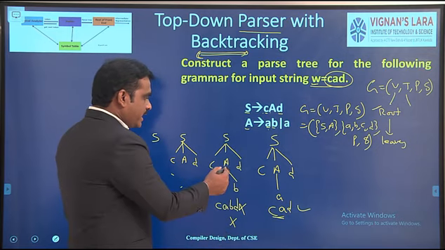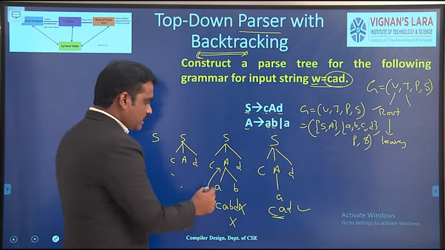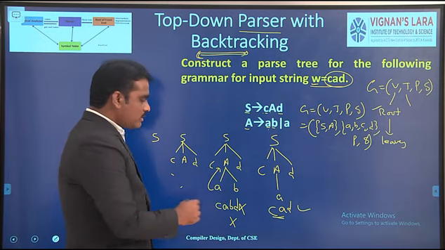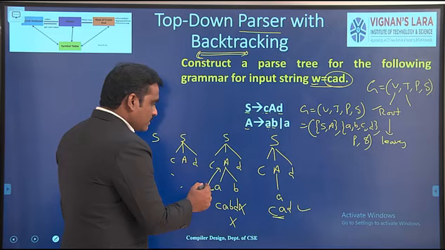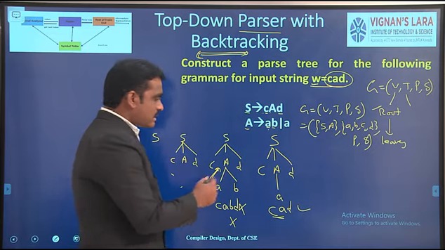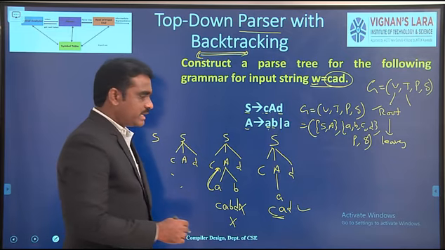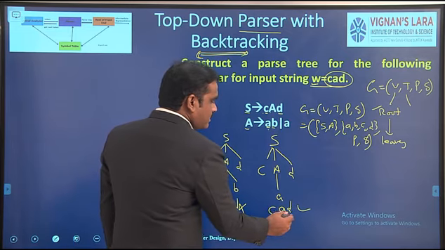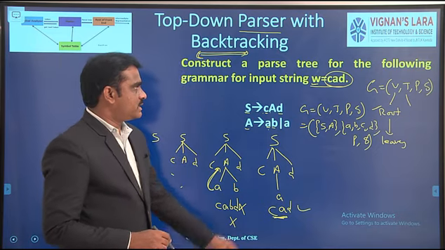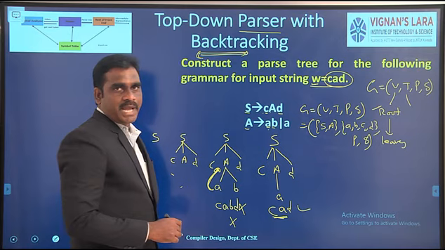Here, the first time A is replaced with AB, so obviously we derived the wrong one. Obviously we go back, and the second time A is replaced with the other option, that is small a. So CAD. Finally we derived our given string CAD. This process we call backtracking.